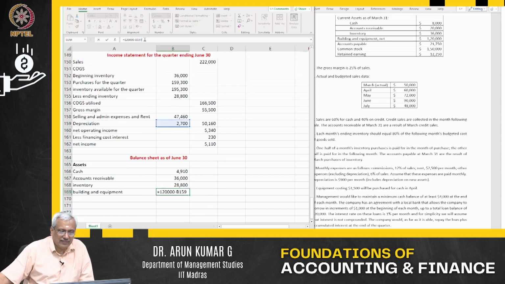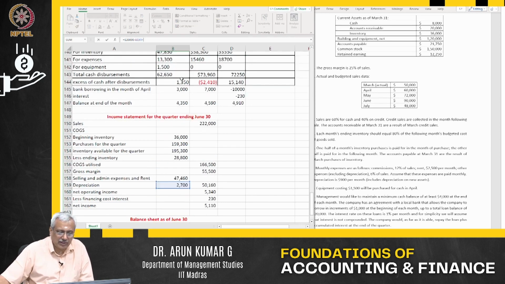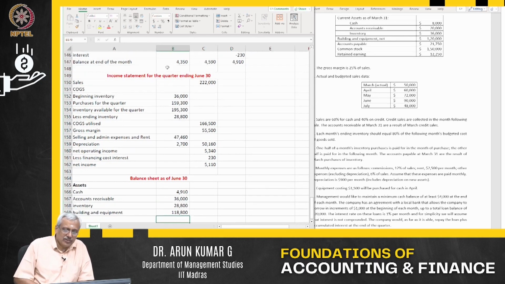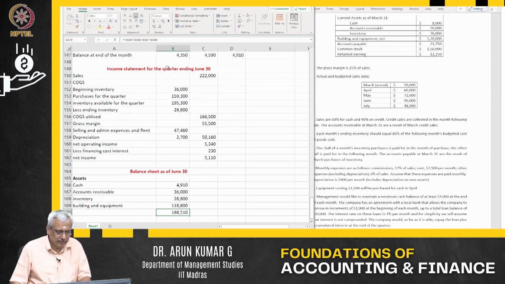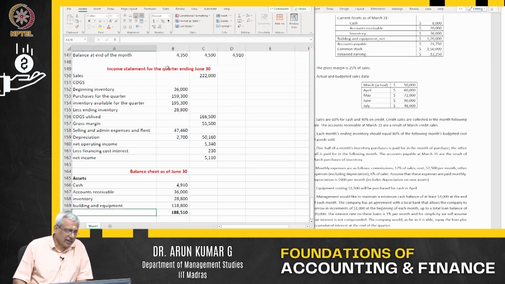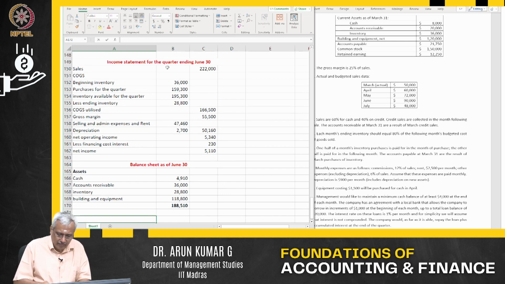So I will add that equipment which you purchased, where that equipment is added between these 3 months. Your building is so much. So what is your total of your assets? Total of my assets is going to be 1,88,510.